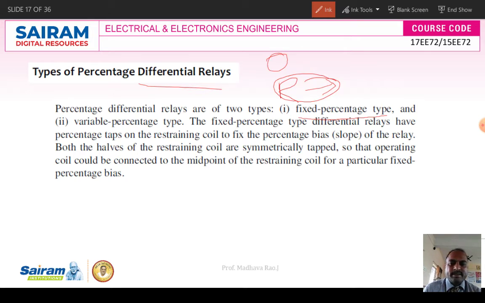In percentage type differential relays only one operating coil will be there.